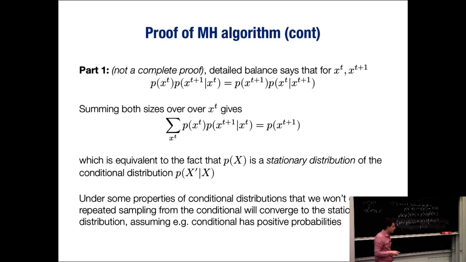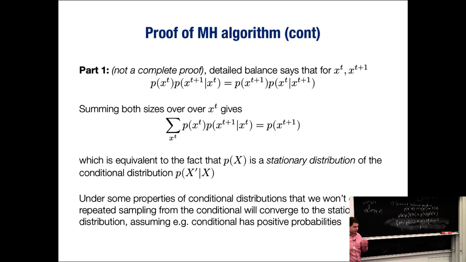If I'm in state xt, and that's from a distribution, then the distribution I have over my next state is just equal to the sum over all xt of p of xt times p of xt plus 1 given xt. That in general could be anything for any p of xt plus 1 given xt, but we've shown that it's also equal to p of xt plus 1.